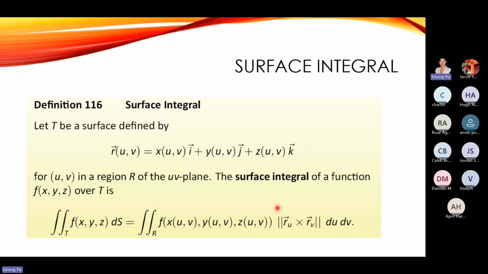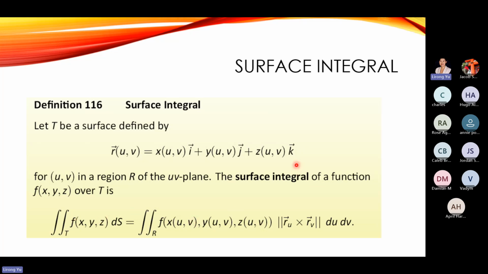That has to be substituted into the function f. So it's different from the past. When we were doing triple or double integrals in the last lecture, we didn't change our integration function. We changed our integration limits or integration variables, but not the function.